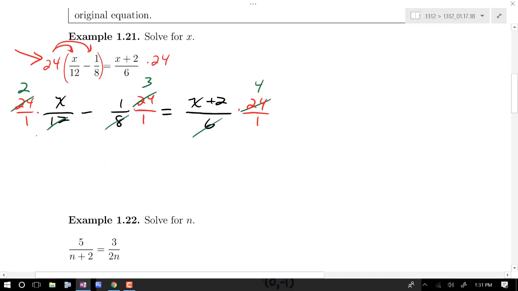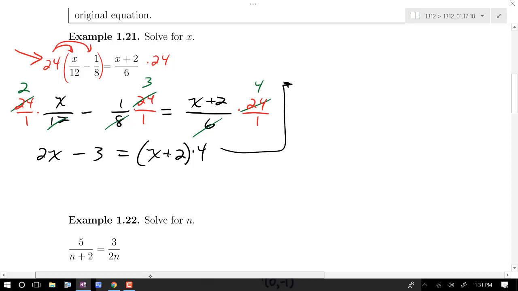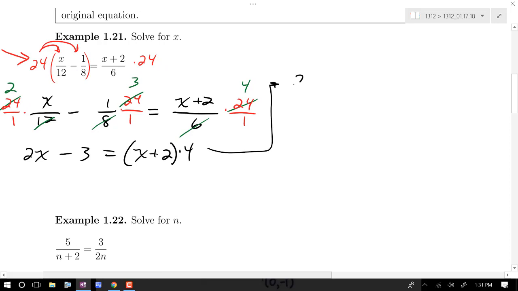So now we have 2x minus 3 equals x plus 2 times 4. Now 4 is being multiplied by the entire x plus 2, so we need parentheses. So we have 2x minus 3 equals, we're going to distribute that 4. It's just a linear equation, right? We've solved maybe a million of these. Distributing the 4, we get 4x plus 8.